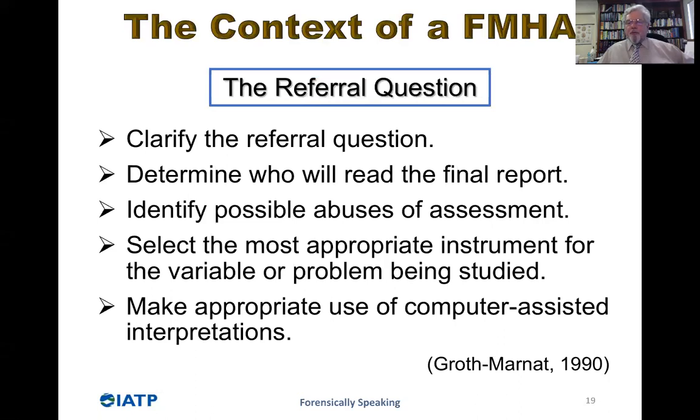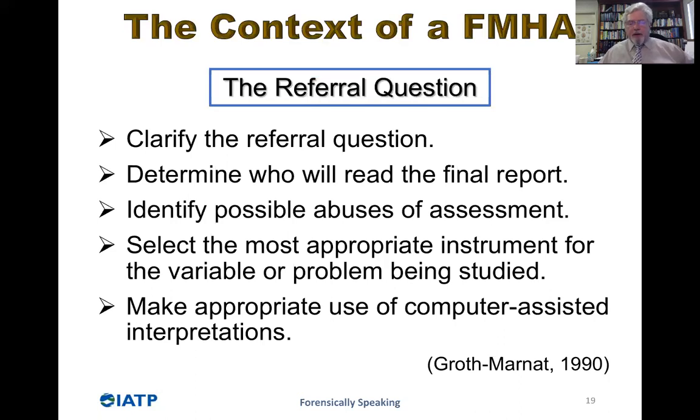Select the most appropriate instrument for the variable or problem that is being studied. And so there's lots of different tests that you can give. The question is, what is the most appropriate? What is the one that will give you the best effect? Certainly you can build a house with just a hammer, but sometimes you'll need a screwdriver.